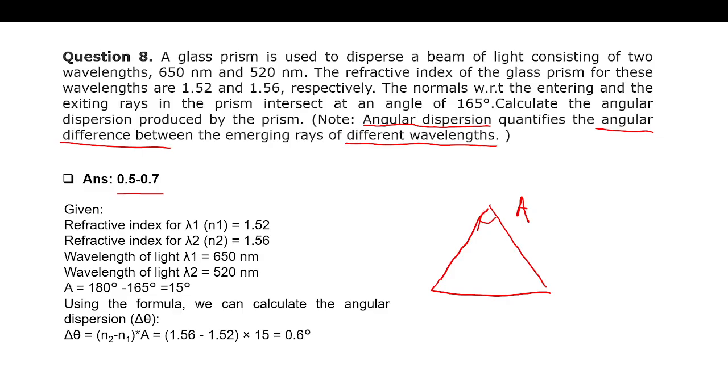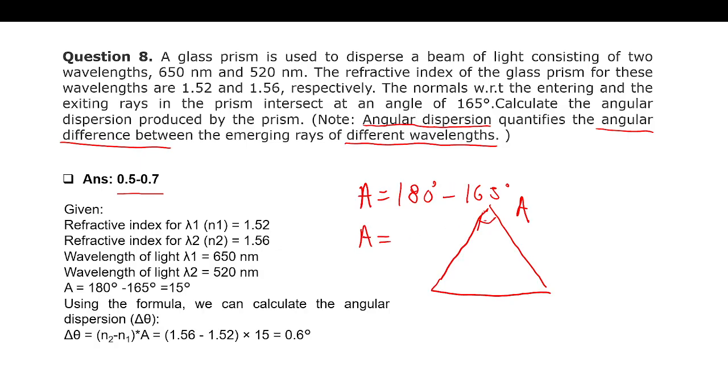As it is mentioned that the normals to the entering and exiting rays in the prism intersect at an angle of 165 degrees, it means that A we can calculate by subtracting it from 180 degrees: 165, and you will get 15.